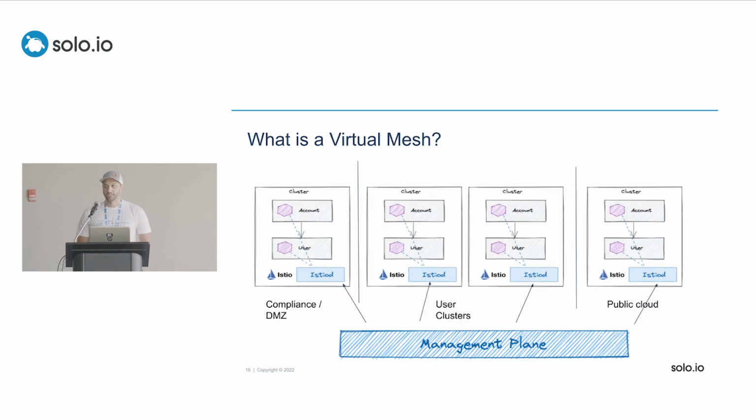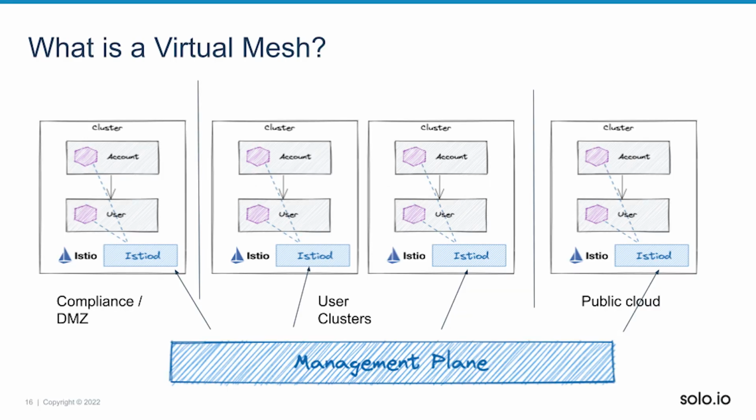So from kind of an architecture diagram, this is what it looks like. You have your single Istiod deployments. And today we support both open source and a customized version that has some added features that we offer. And then you just attach a management plane on top of that, which we call Gloo Mesh, or Gloo Platform now, excuse me.